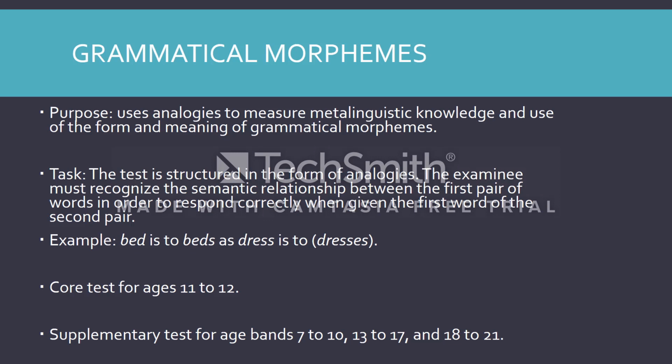So for example, the examiner would say, bed is to beds as dress is to, and then the examinee would respond, dresses. This is a core test for ages 11 to 12 and a supplementary test for age bands 7 to 10, 13 to 17, and 18 to 21.